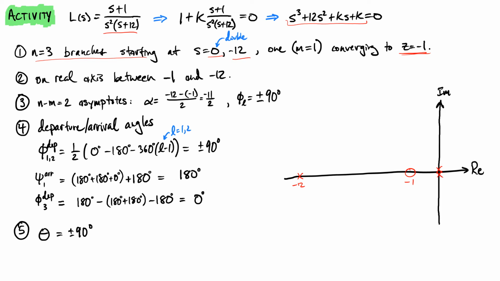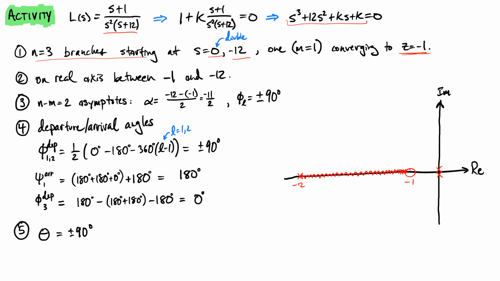And then we can move on and calculate where the root locus will be on the real axis. Just like before, this is to the left of the poles at the origin. That's an even number. And then once you cross over to the other side of the 0 at minus 1, now that's an odd number, and so it's going to be on the real axis throughout this entire interval.